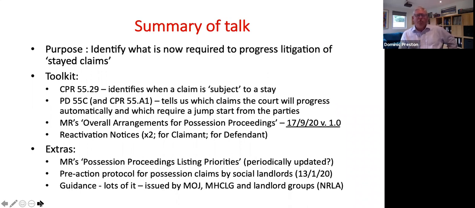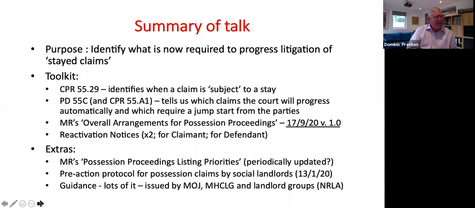You will definitely want to have PD 55C, and you may not have CPR 55.A1, but that's what gives rise to 55C. That practice direction tells us which claims the court will progress automatically and which require a jump start from the parties, the reactivation letters.